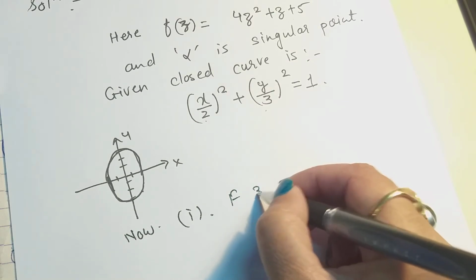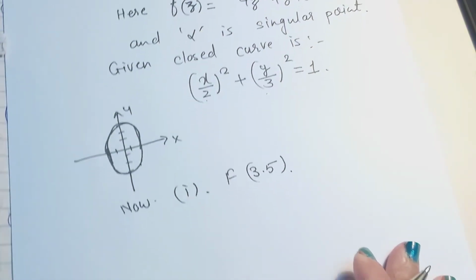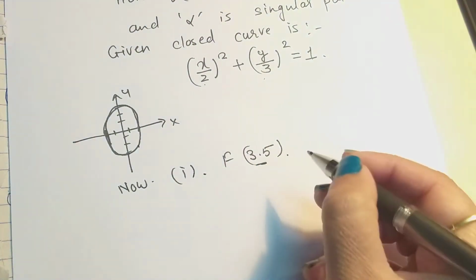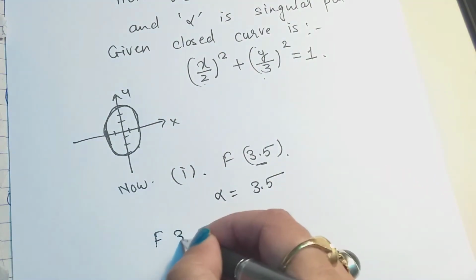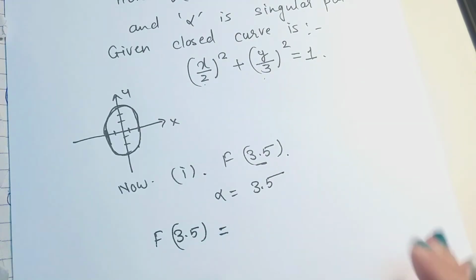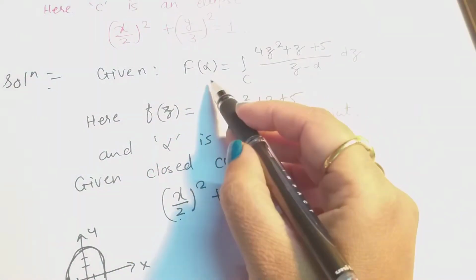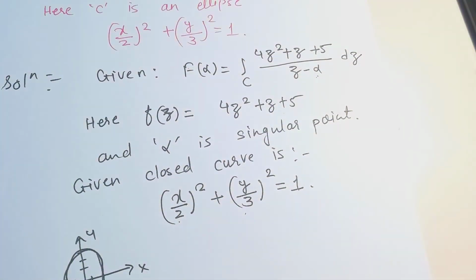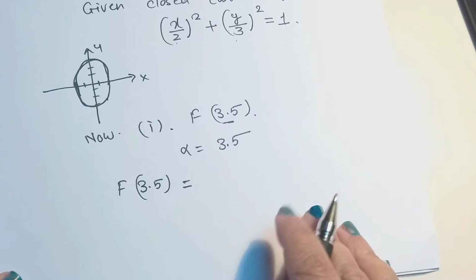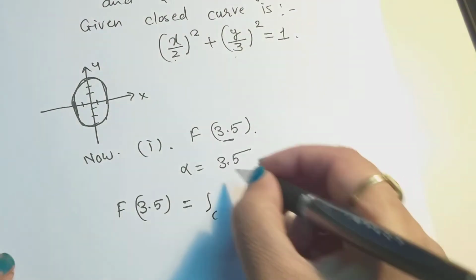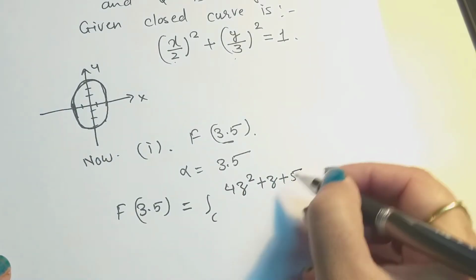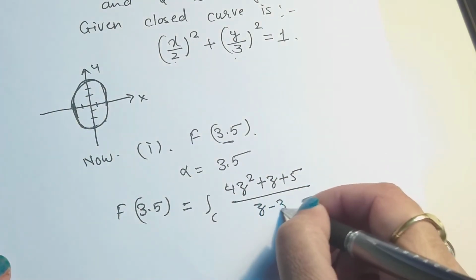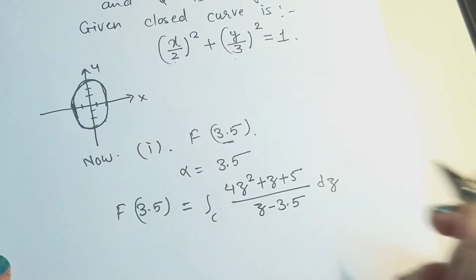So now we take our first case. We have to find out F of 3.5 here. Okay, so alpha is 3.5 here, so F of 3.5, you put the value in this given integral. So F of 3.5 will be integral over C of (4z square plus z plus 5) divided by (z minus 3.5) dz.